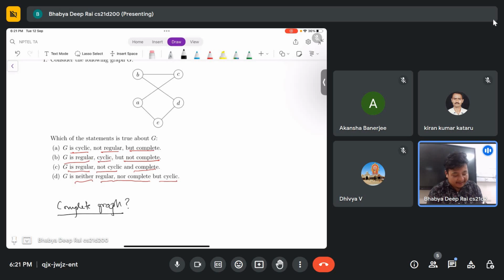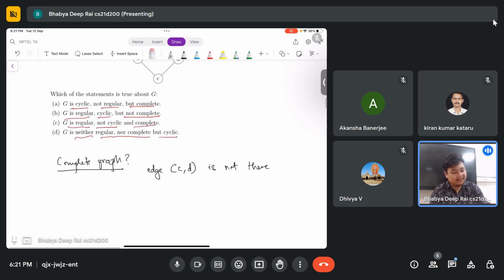But when we stare at it, edge CD is not there. There's no edge like this. But if it were to be complete, then it should have had this edge. Or you can give any other example like BA or something.